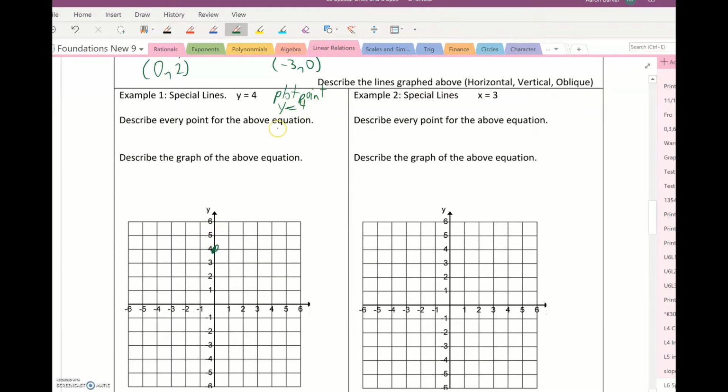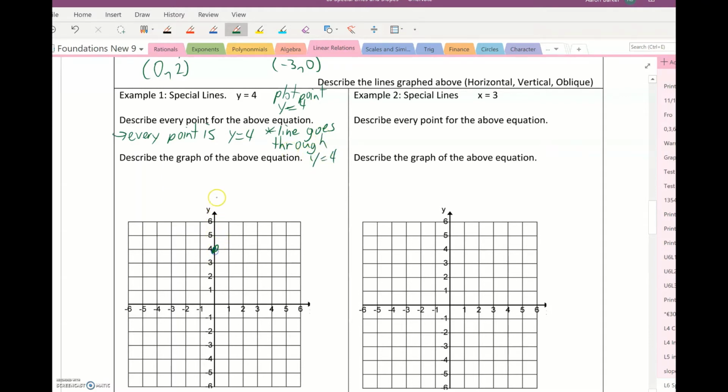And then what you have to understand is that every point is y equals 4. So what we know is that the line goes through y equals 4.